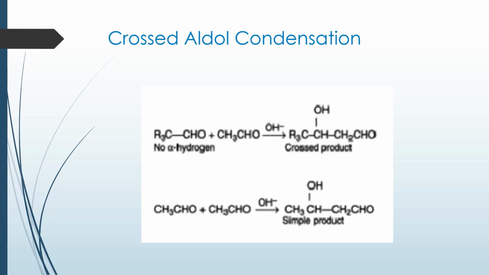When this aldehyde with no alpha hydrogen and this aldehyde with 3 alpha hydrogens react with each other in presence of base, it will give you the crossed product. In the second reaction, both the reactants have alpha hydrogens. In presence of base, we'll get the simple product.